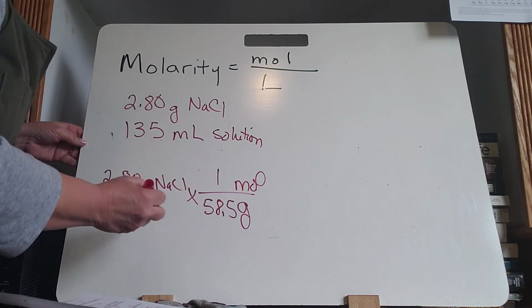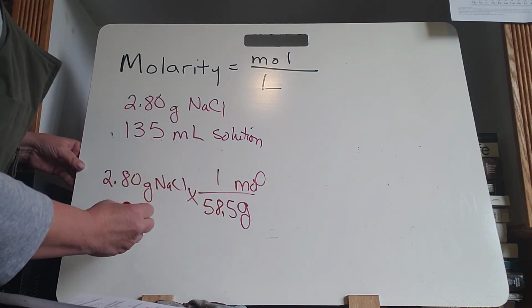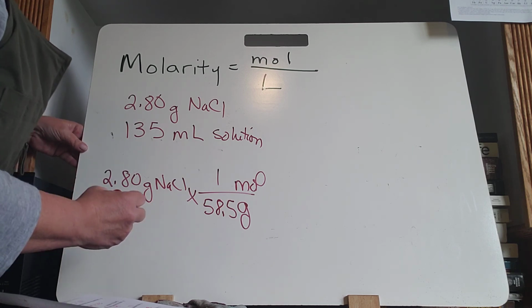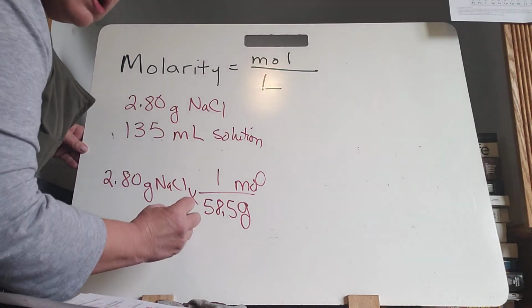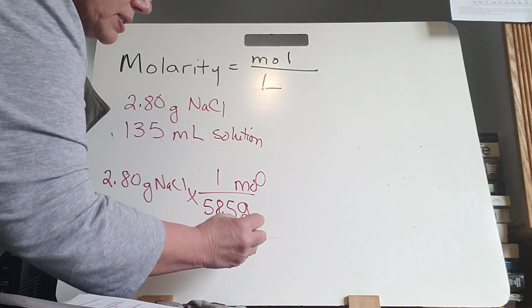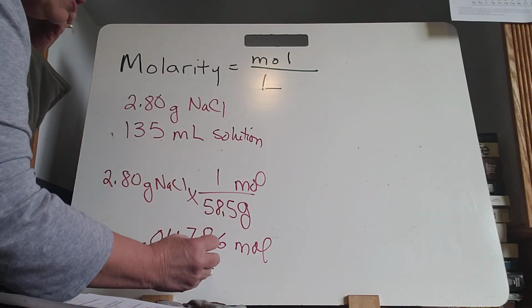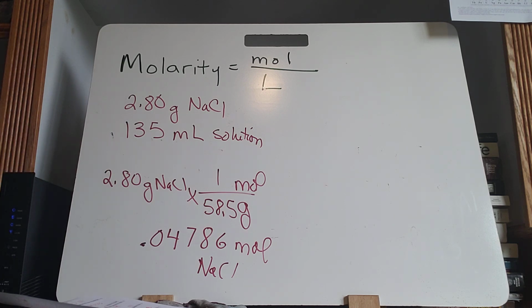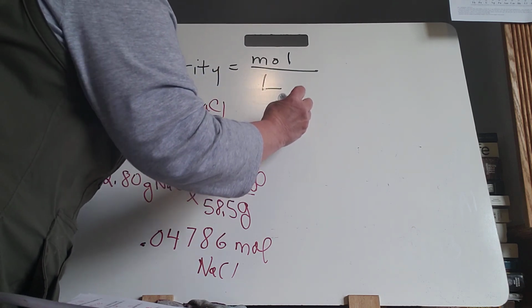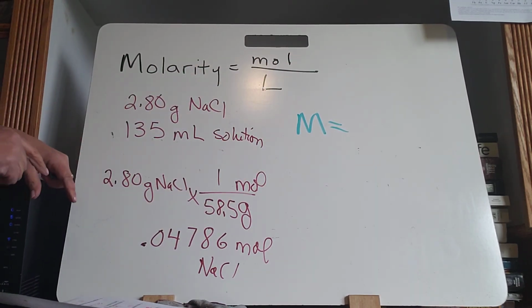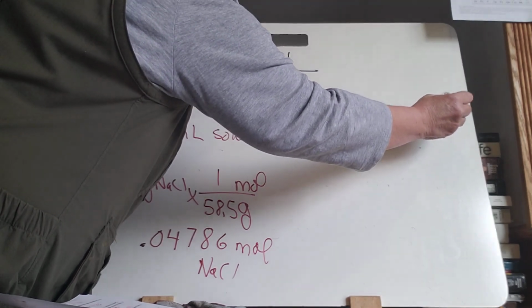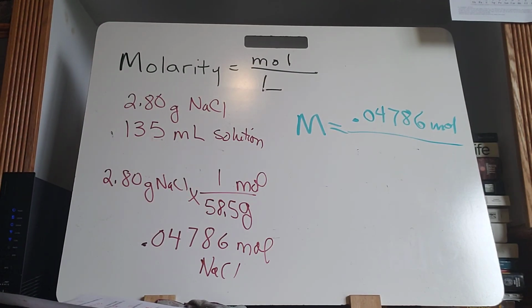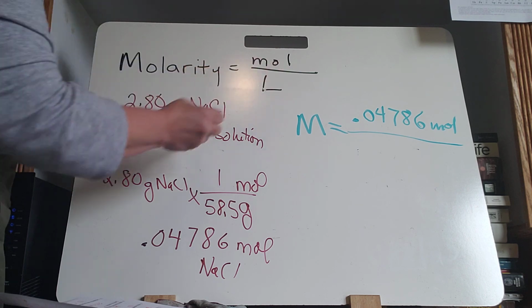So I'm going to multiply across, divide by the bottom, and I get 0.04786 moles. Again, I'm just going out to 4 sig figs. Now, I'm going to do my molarity, and I know moles goes on top, 0.04786 moles, divided by, now I need liters.